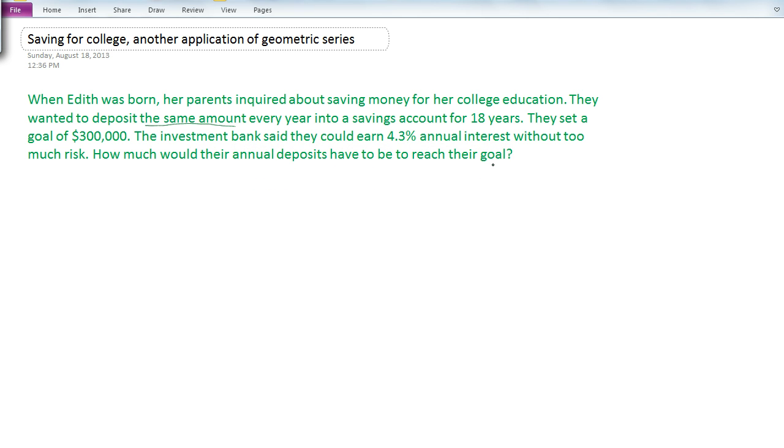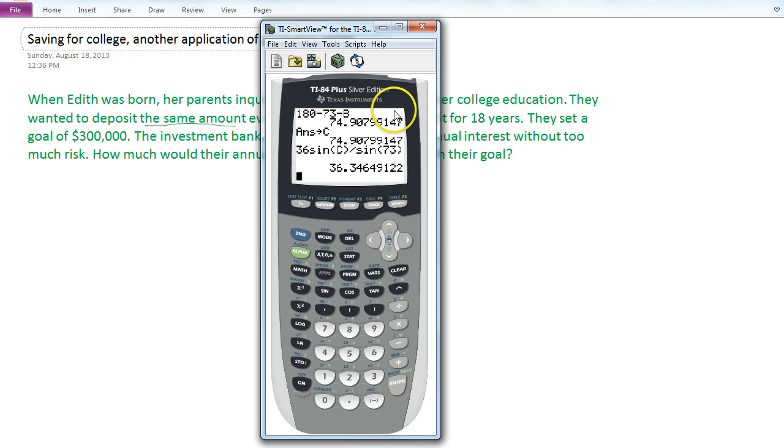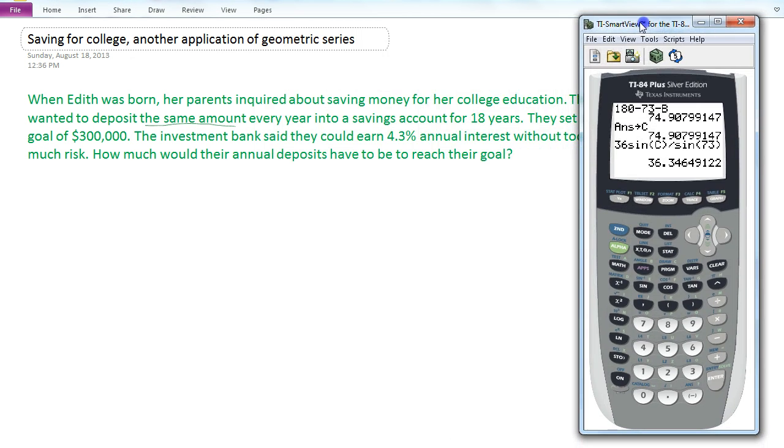Okay, so Edith's parents are thinking, we want to set aside a certain amount of money every year and invest that in the bank, and then after 18 years of doing that, earning 4.3% interest along the way, we'd like to have $300,000. So let's just have an intuitive response here.